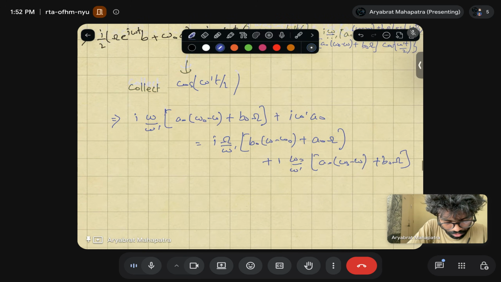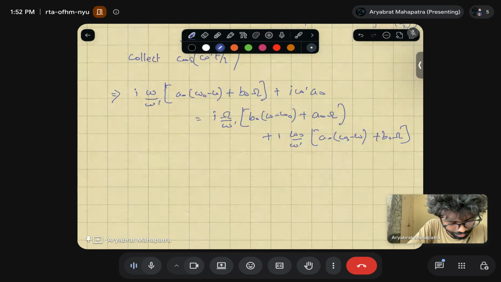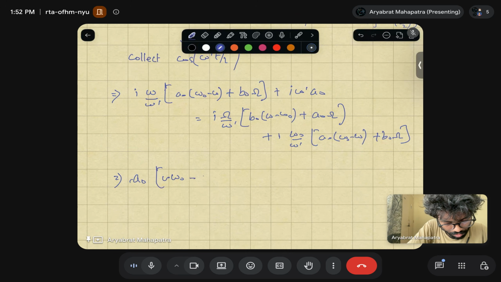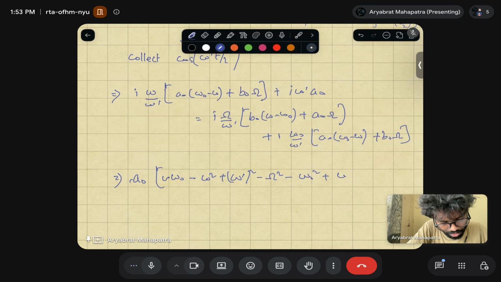And if I take everything on the left and simplify this more, it would give me a naught omega, omega naught minus omega square plus omega prime square minus omega square minus omega naught square plus omega naught omega.